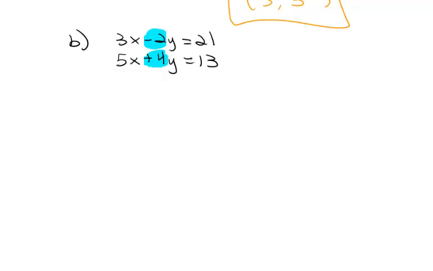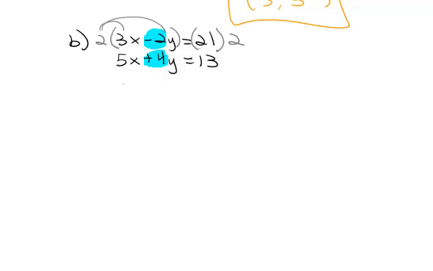If we can get one of them to have 4y and one of them to have negative 4y, those would subtract out to 0. We already have positive 4y in the second equation, so we're going to multiply the first equation by 2 on both sides. When we multiply by 2, that's going to give us negative 4y in the middle.